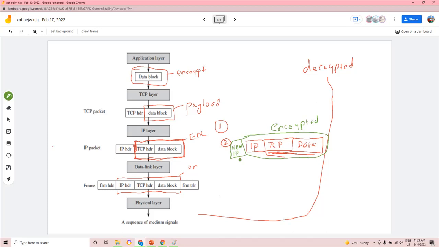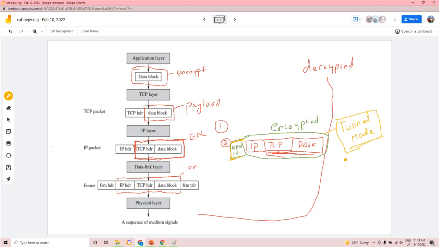Let me change the color. This new header will not be encrypted, because if the IP header is encrypted, the packet cannot be routed. So they will fix a new IP header. This is called tunnel mode.